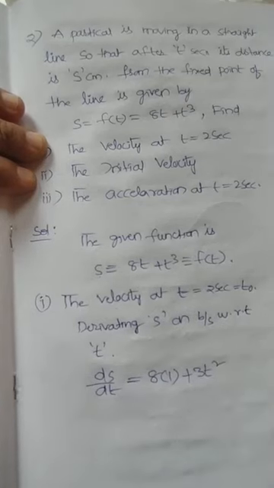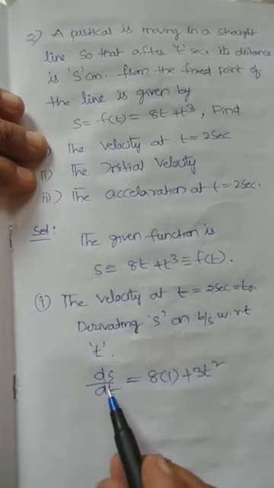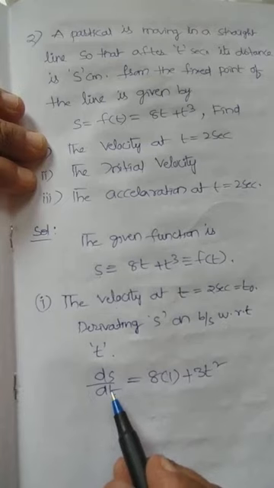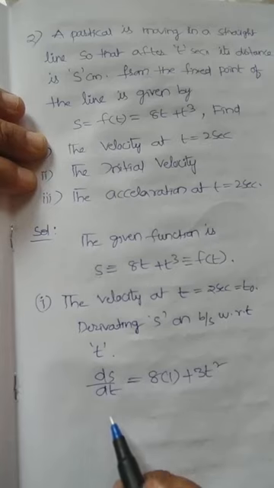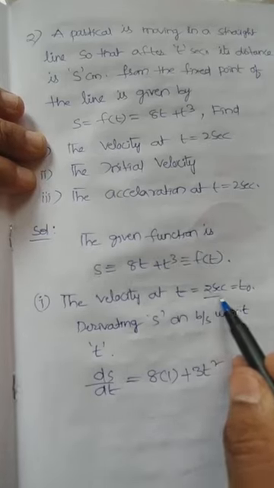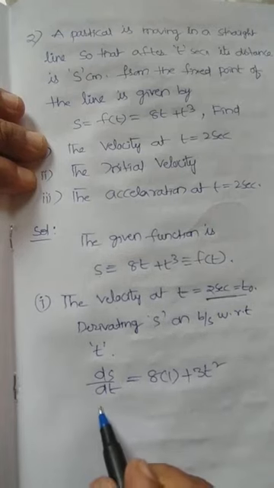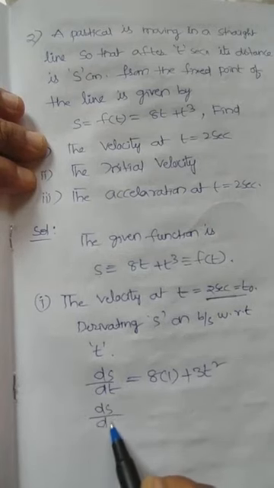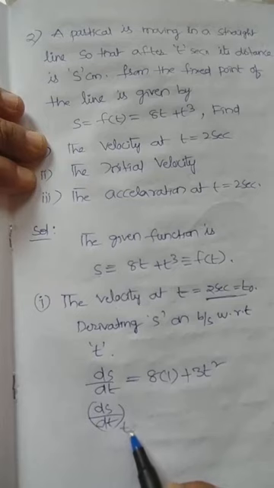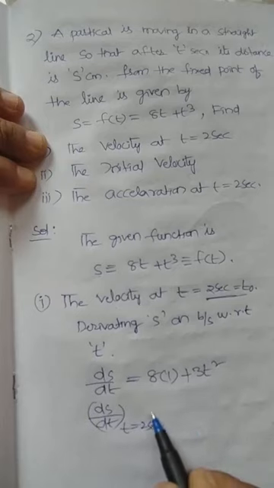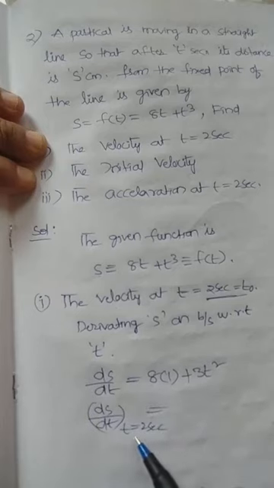The derivative of the displacement is the velocity, and we have to find it at the particular time, 2 seconds. So ds by dt at t equals 2 seconds, I need to substitute 2 in place of t.